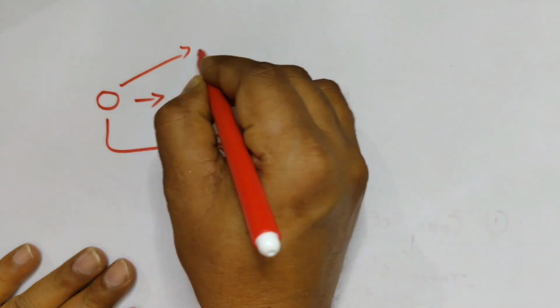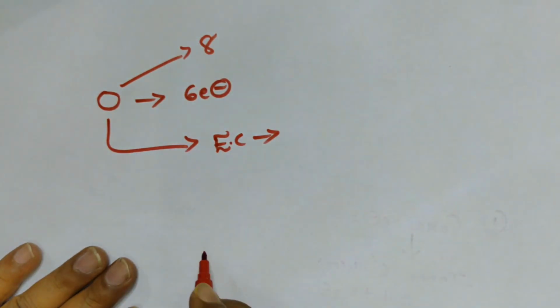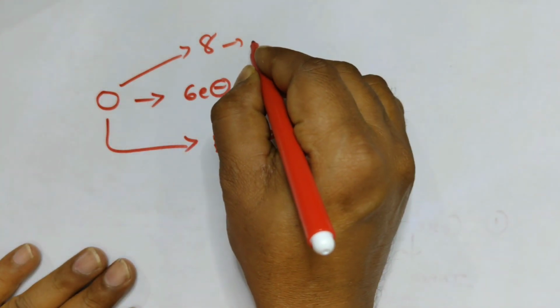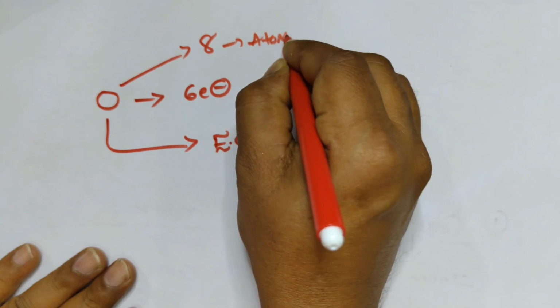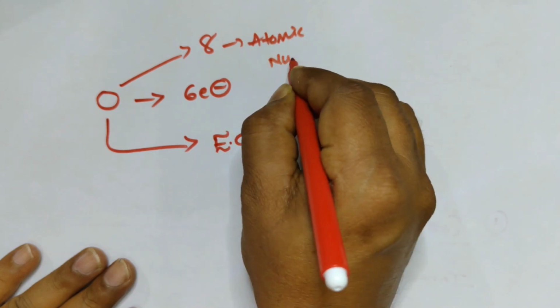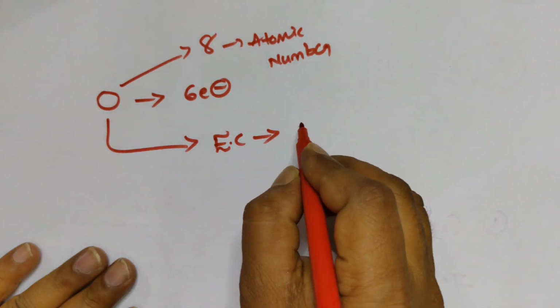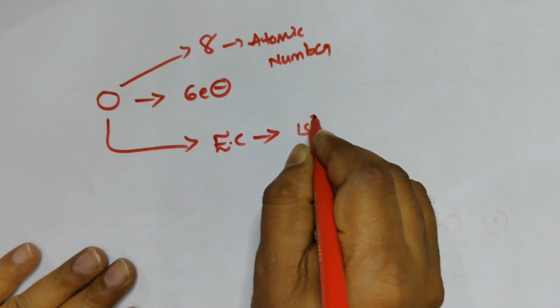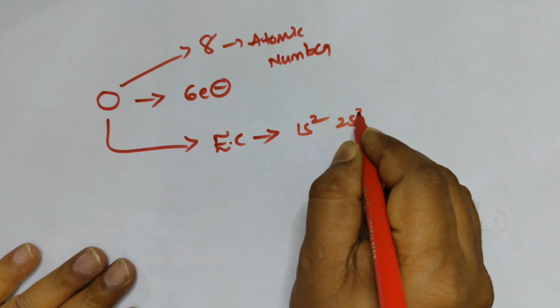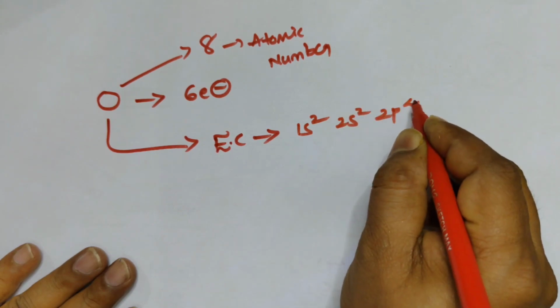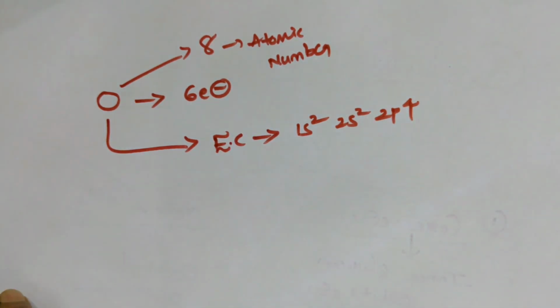First you find out the atomic number of oxygen, which is 8. So the electronic configuration, very good, is 1s2, 2s2, 2p4.